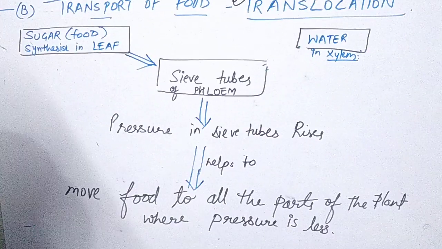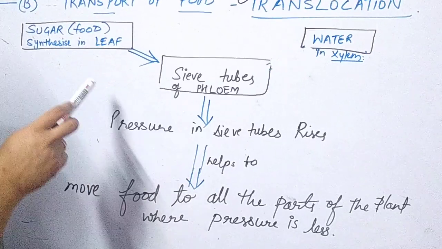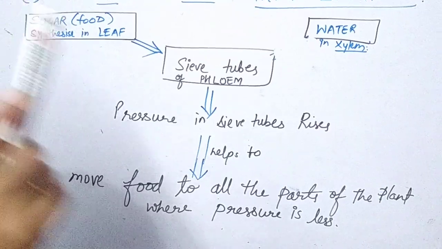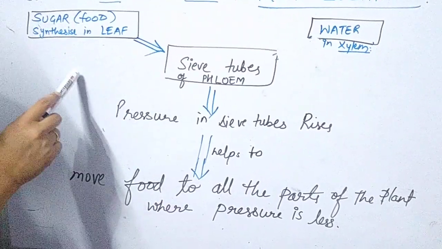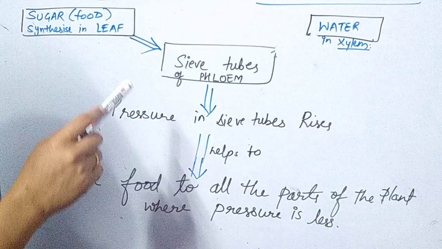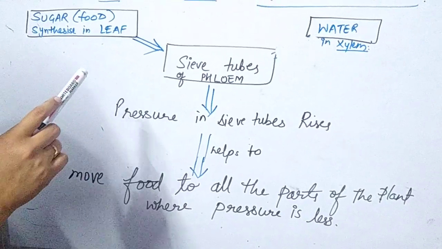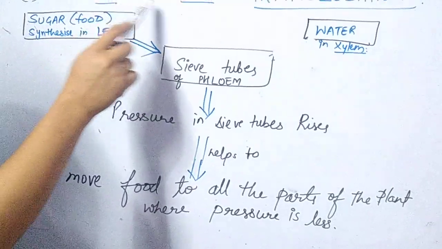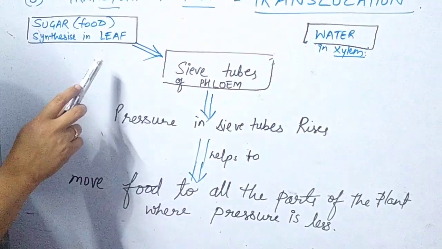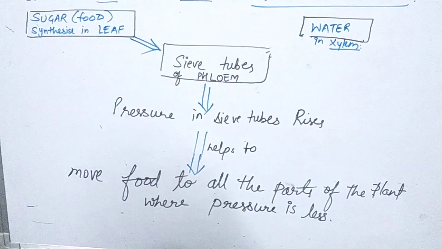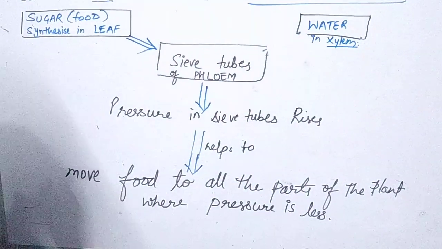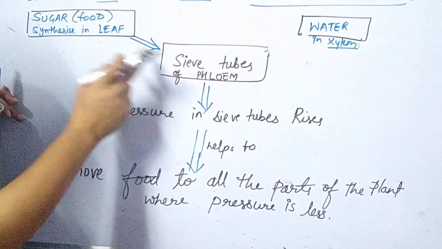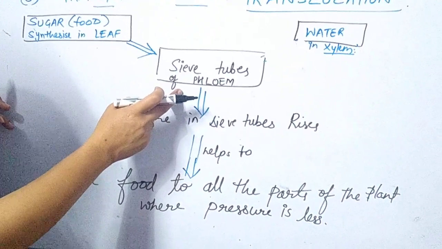Now, you have to understand, students, before understanding this flow chart, that transportation of water is completed by some physical forces, such as transpiration pull, as you have read. But the transportation of food does not require only physical processes. It requires transportation of food from the leaf into the sieve tubes of phloem.